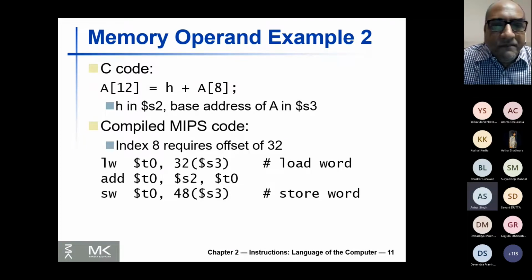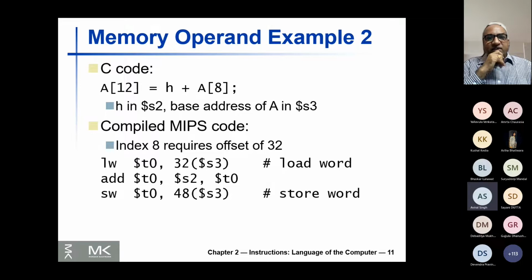Sir, here 48 S3 should be the source, no, sir? The 48 in brackets S3, S3 is the base register, that means a register which contains the address. In our code, A12 is the destination, right?